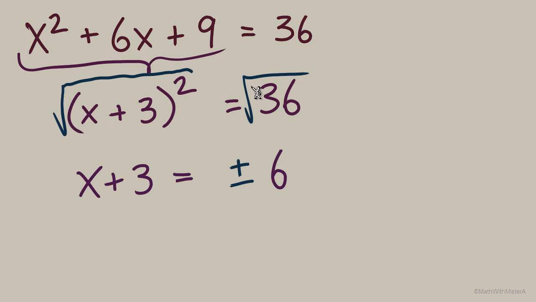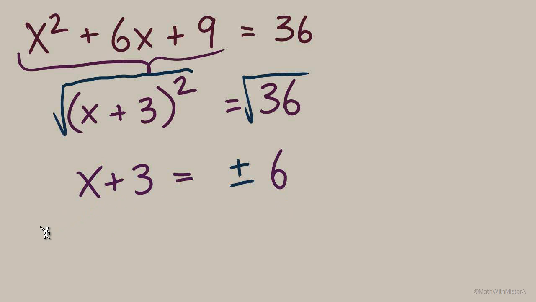On the right side, we have a rational. Square root of 36 is 6. Now, just be cautious here. It would be a mistake to just subtract 3 from both sides and try to subtract 3 from that 6 with the plus minus symbol still there. We really need to understand that this is an abbreviation for two different equations.